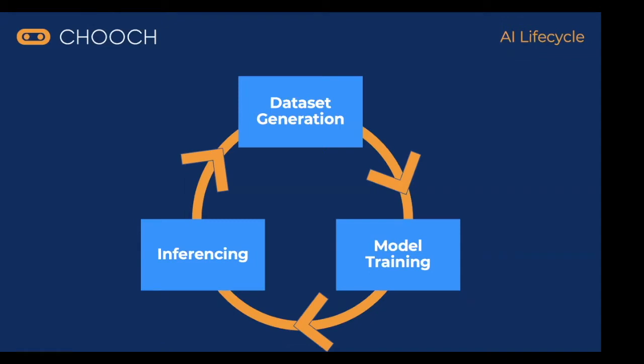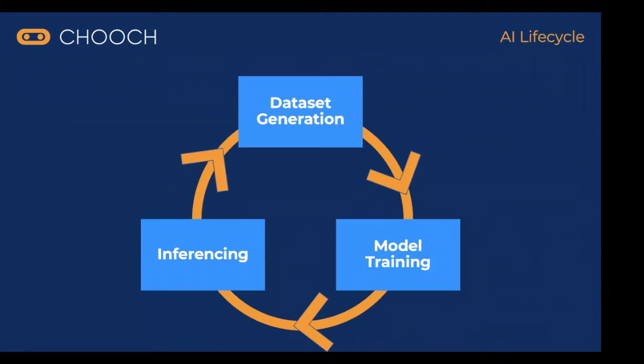So you have new data coming in, and then the AI predicts what that new data is based on the data it was trained with. That's called inferencing and the inference engine. When we talk about edge AI, we're talking about putting the inference engine onto these devices. And part of the data that comes out of the inference engine goes back to data set generation.